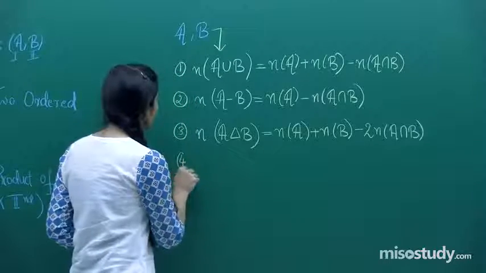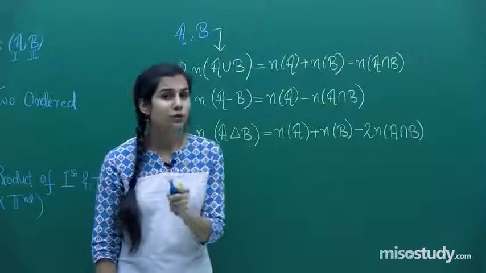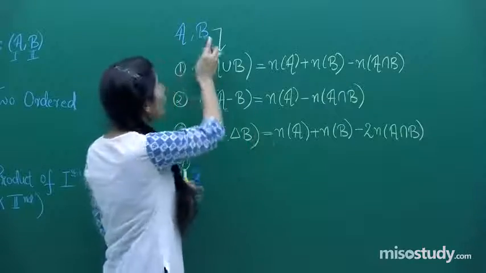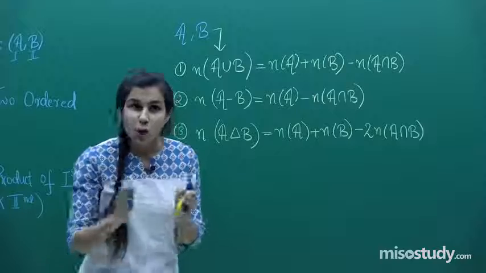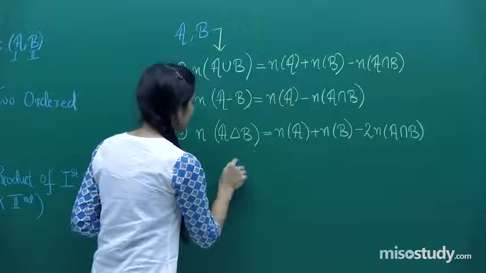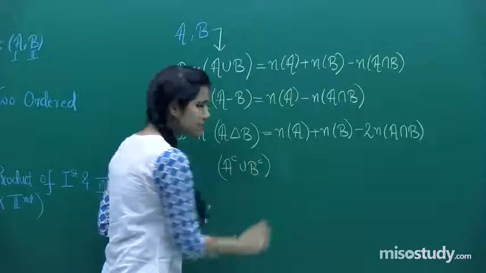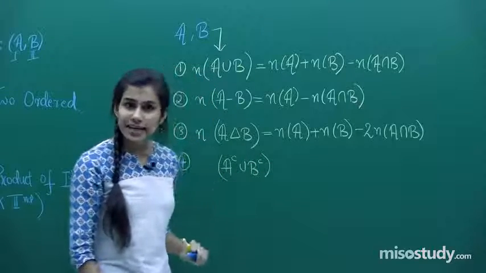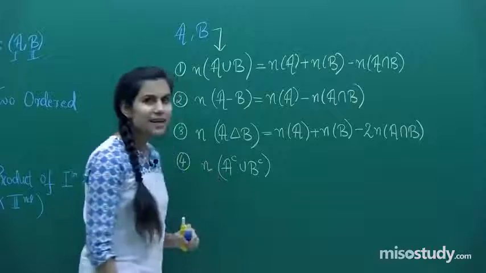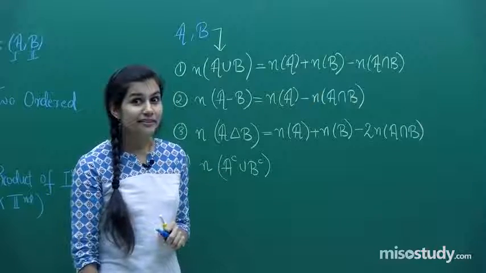And the fourth category of the new set which we created with the help of available just 2 was A complement union B complement. This new set we created, and we were again able to find out how many members are there inside this.